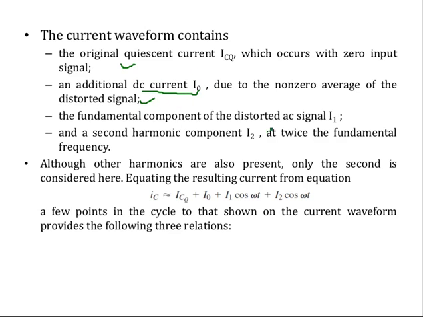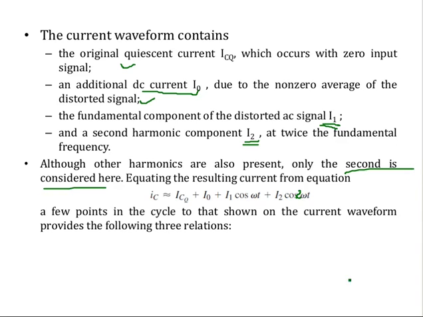The fundamental component of the distorted AC signal is I1, and the second harmonic component is I2 at twice the fundamental frequency, cos 2 omega t. There is a correction: although other harmonics are also present, only the second is considered here because we are assuming the second harmonic component is dominant. The second harmonic component is also an even harmonic component.